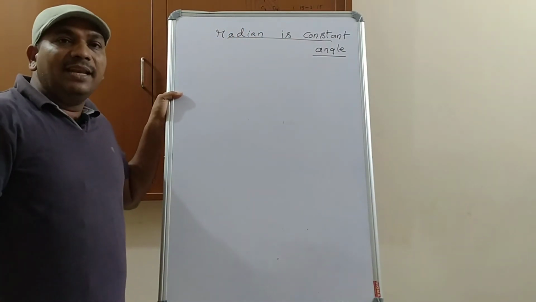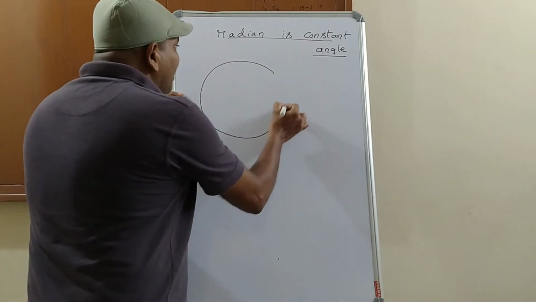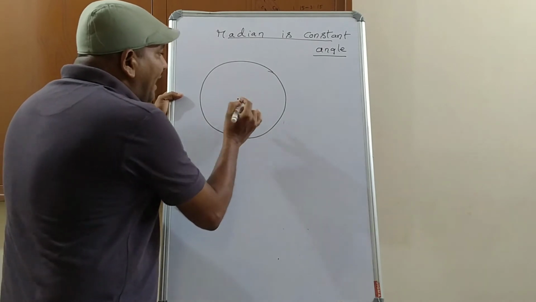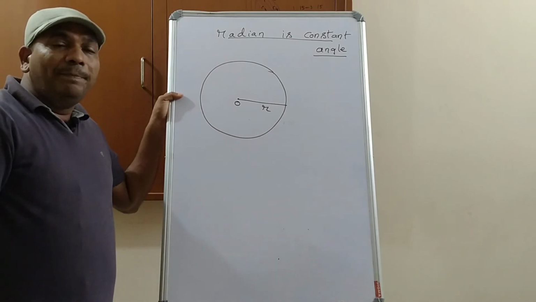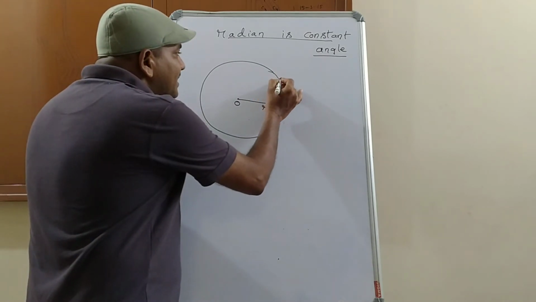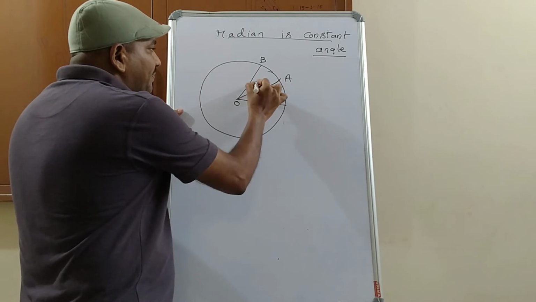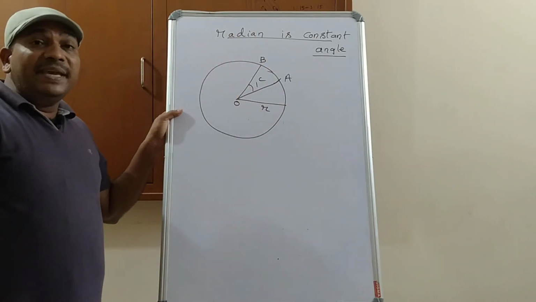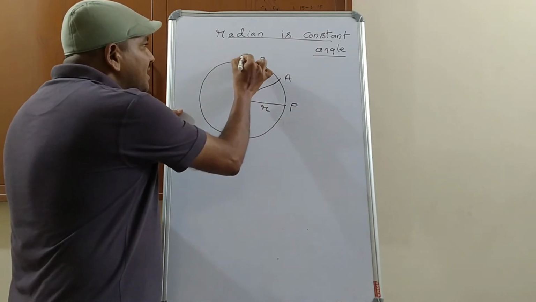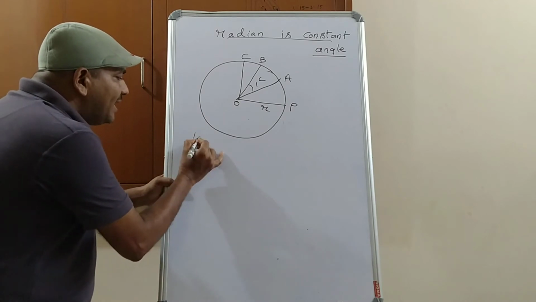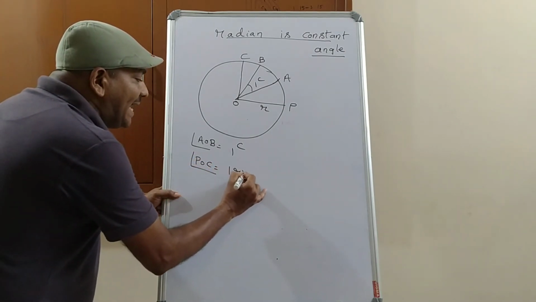Let us take one circle with center O and radius R. Now let us take angle AOB equal to 1 radian and angle POC is 1 right angle.